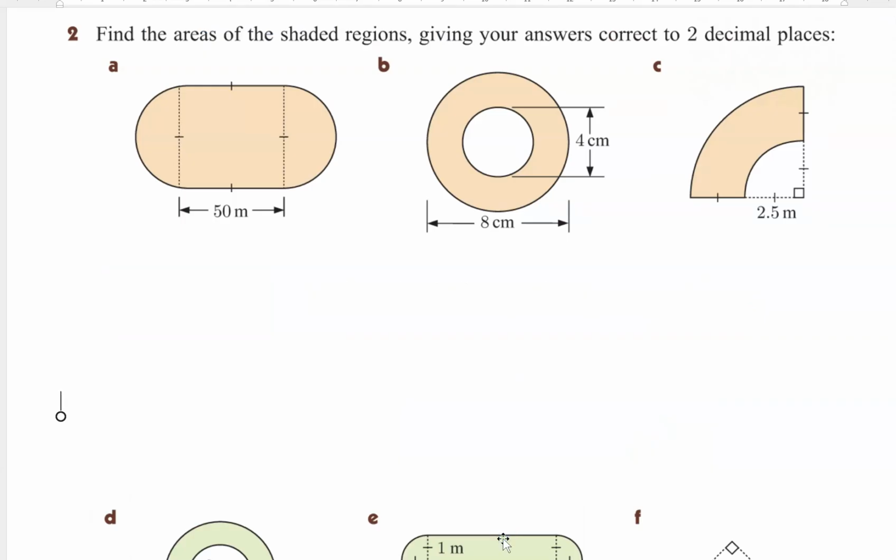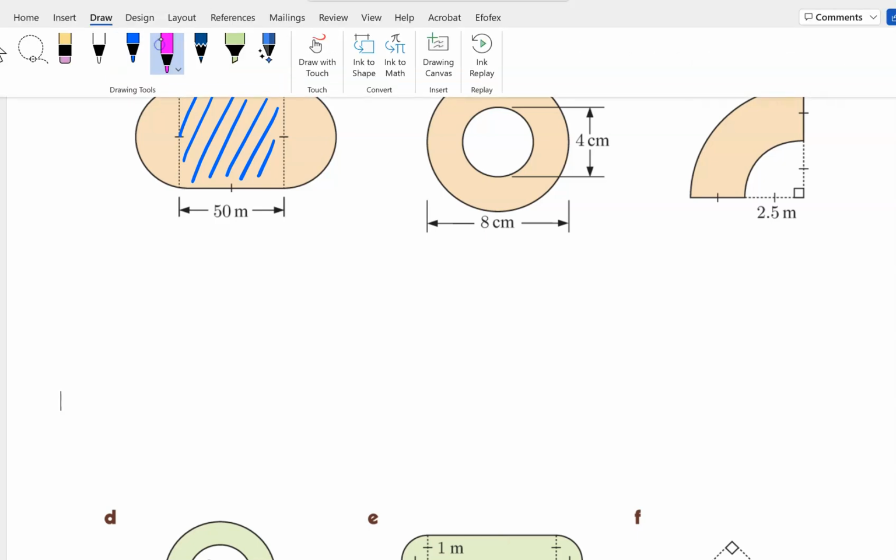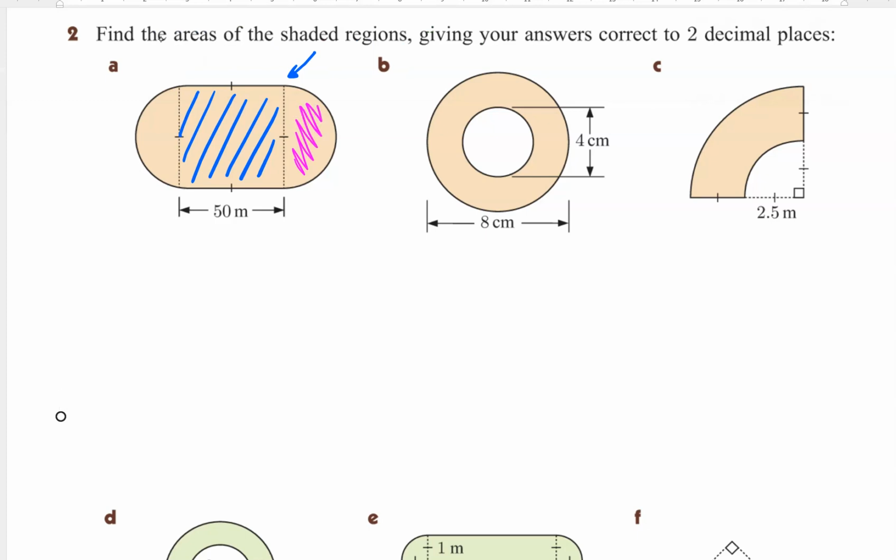So same deal. We don't have a formula for this funky shape, but we do have a formula for this one in here, which is a square, and then we've got 2 half circles. Okay, so if I look at that semicircle and that semicircle, if I put them together, I'm going to get a whole circle.